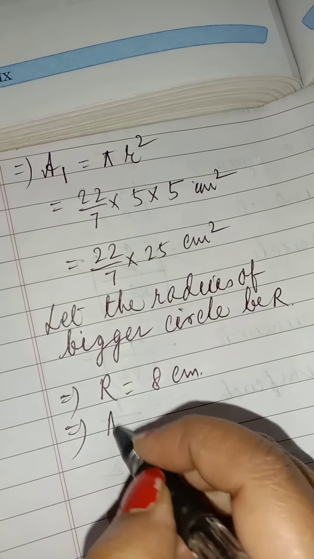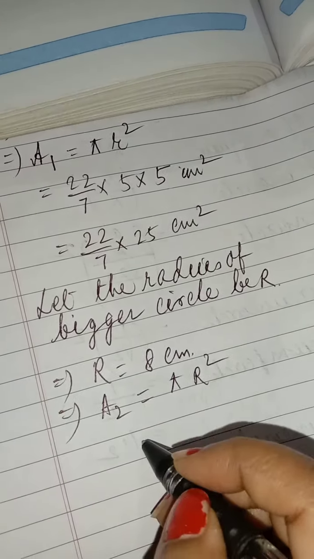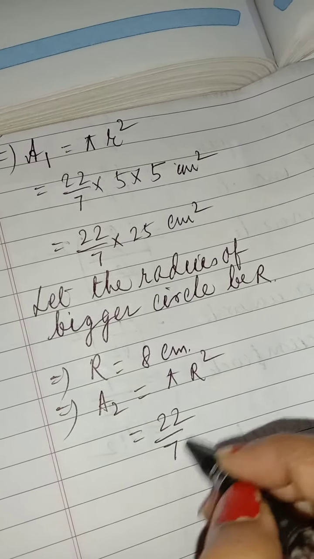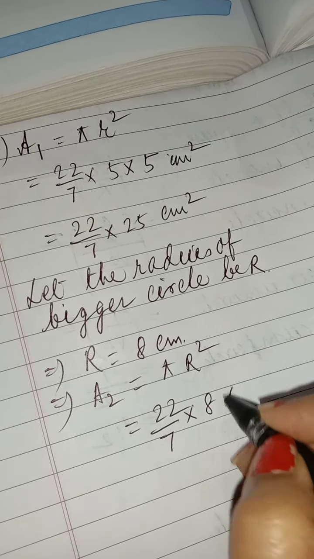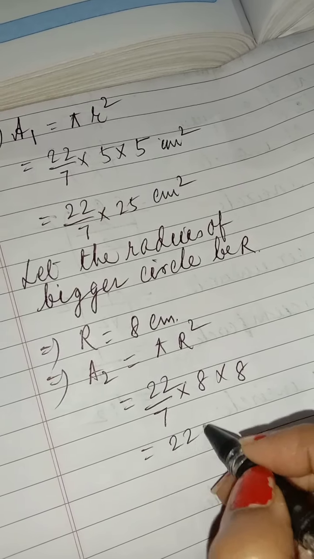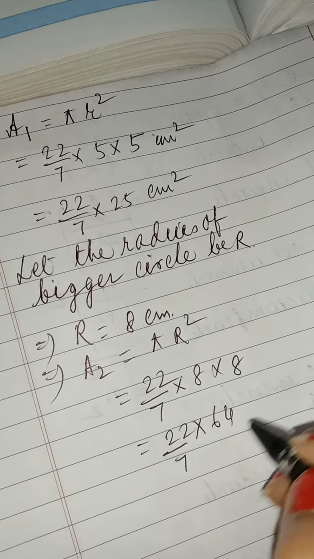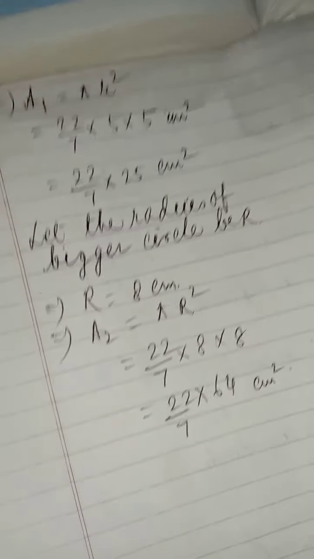This implies area, if I take it as A2, will be pi R square. So it's 22/7 into 8 into 8, so 22 into 64 by 7 centimeter square.